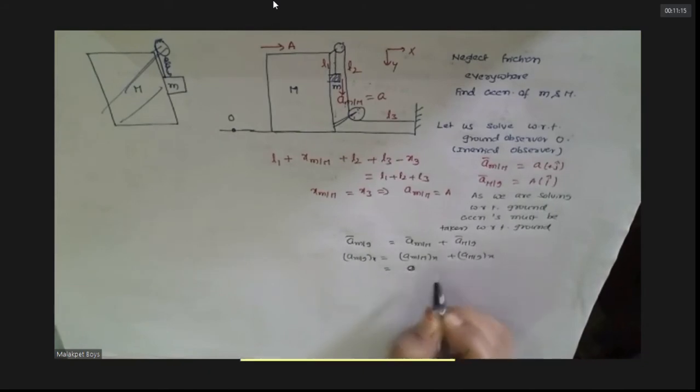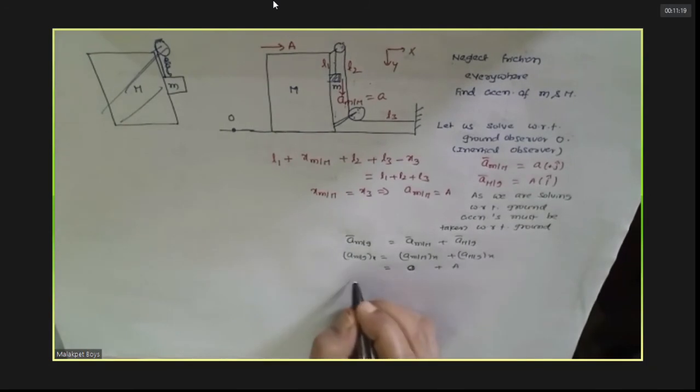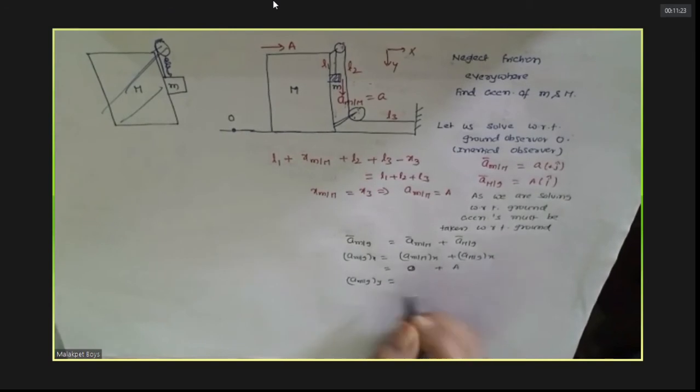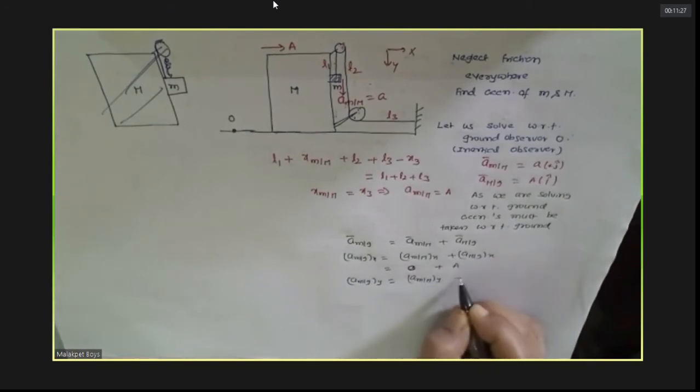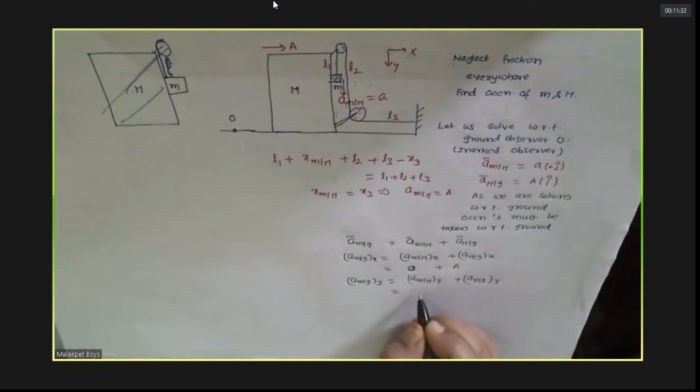This is 0, no? This is A. In the y direction you have, see, the procedure we are following is everywhere the same story. So this is nothing but A and this is nothing but 0.